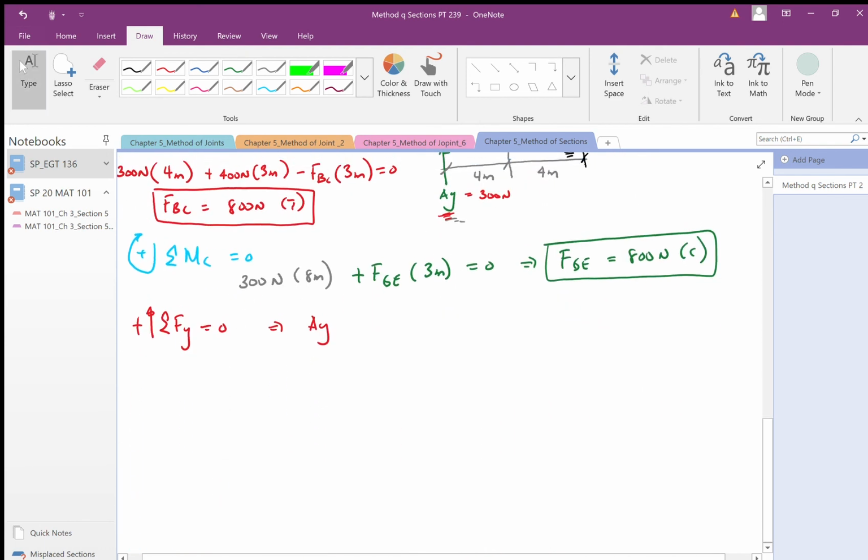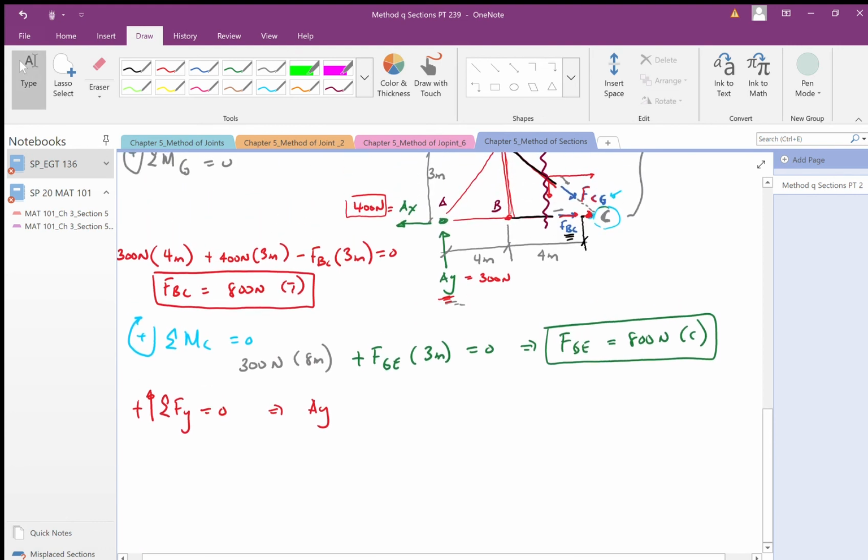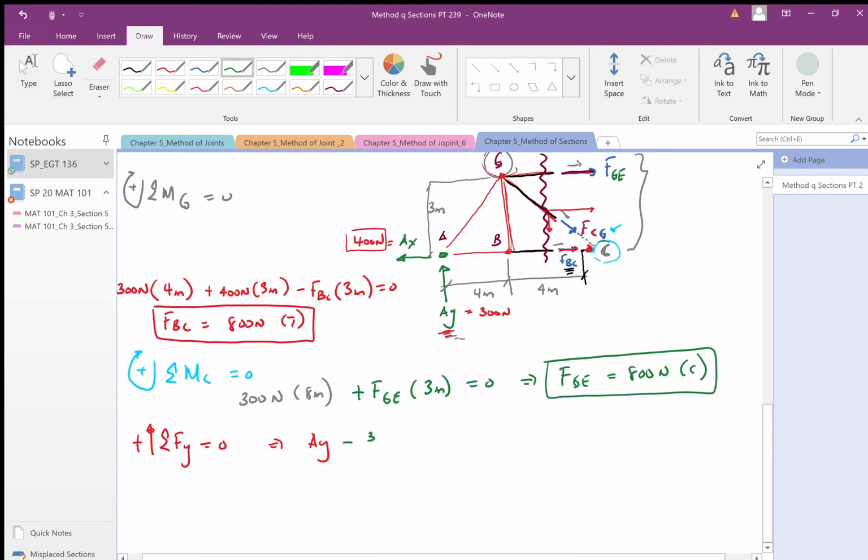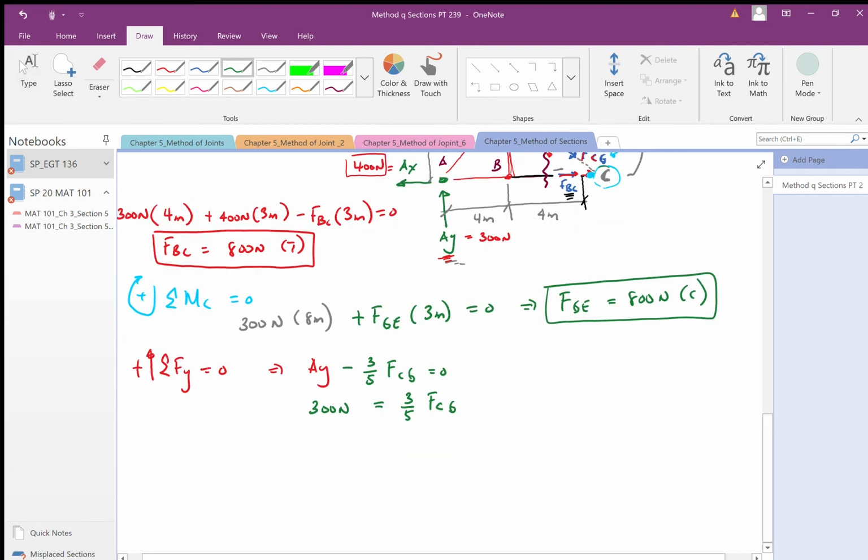So that's going to be our AY minus 3/5 FCG equals 0. Well, we know our AY happens to be 300, so it's 300 newtons equals 3/5 FCG. I can solve for FCG, and that happens to be 500 newtons, and that's going to be in tension.